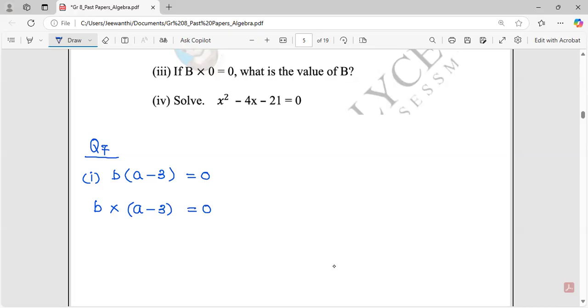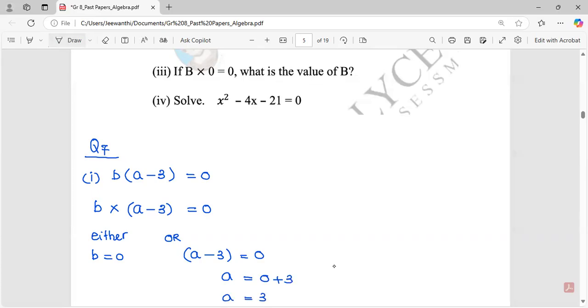When you multiply two items, if you get the answer 0, either the first item, B, should be equal to 0, or A minus 3, the second bracket component, should be equal to 0. If A minus 3 is equal to 0, I want to find the A value. I bring that 0 plus 3, and then A is equal to 3.